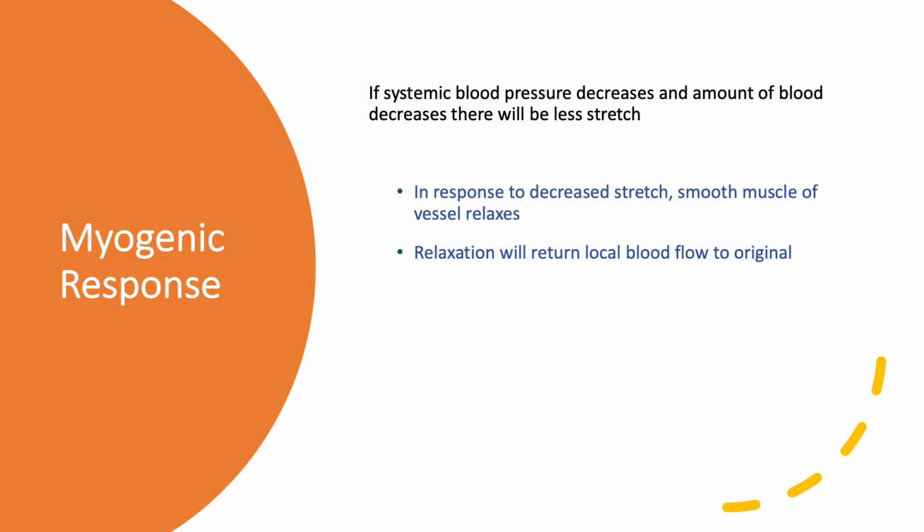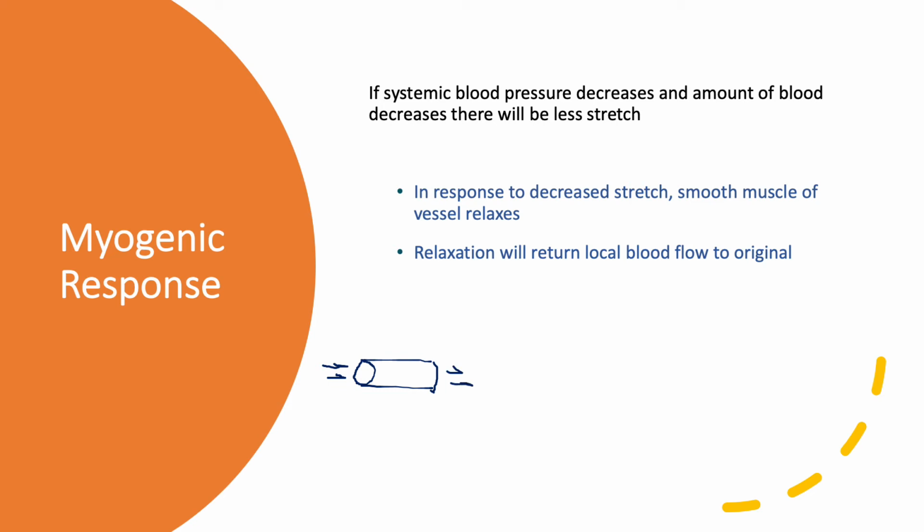All right, now let's say we have the alternative scenario, and we have a decrease in systemic blood pressure. Well, there, the amount of blood is going to decrease within that arteriole. So let's draw this scenario again. Let's draw our initial scenario here. We have an arteriole, right? And we have some amount of blood moving through it.